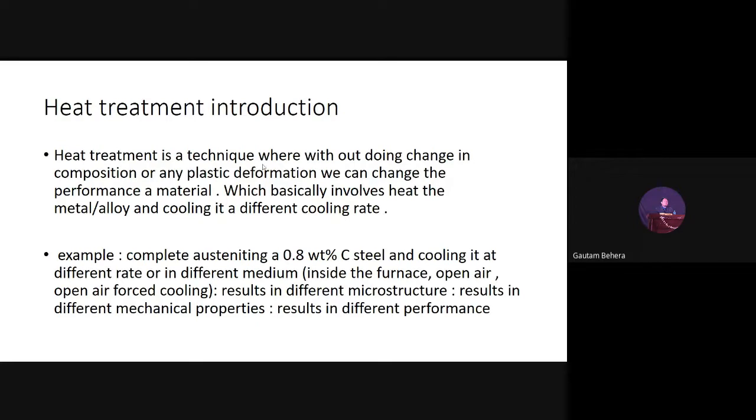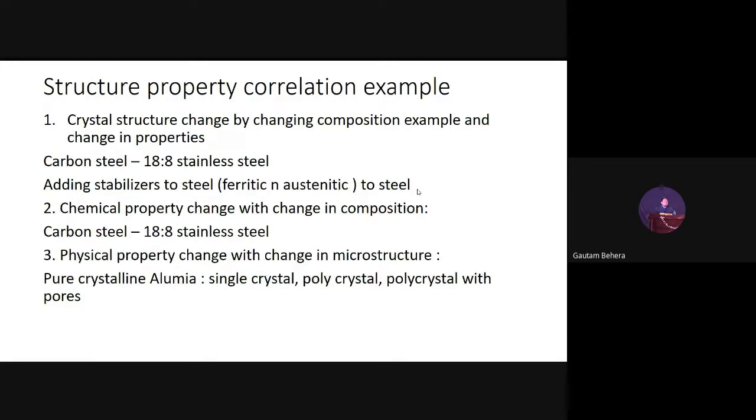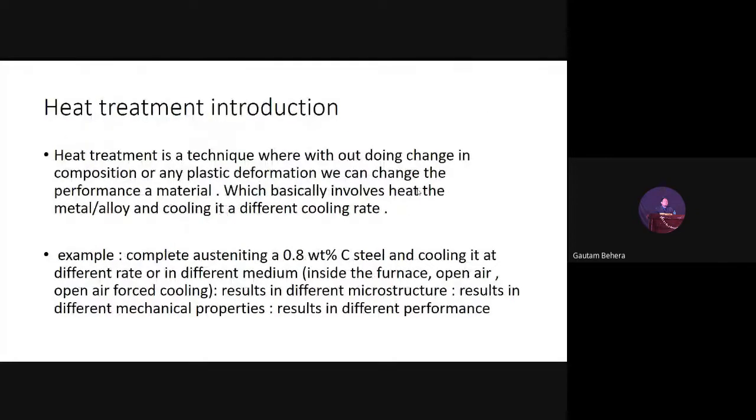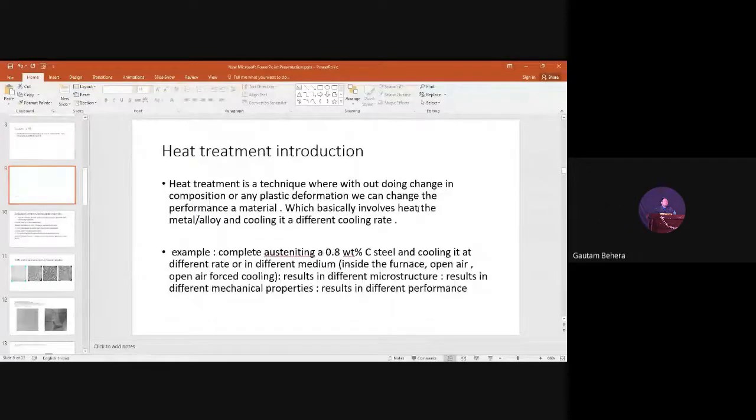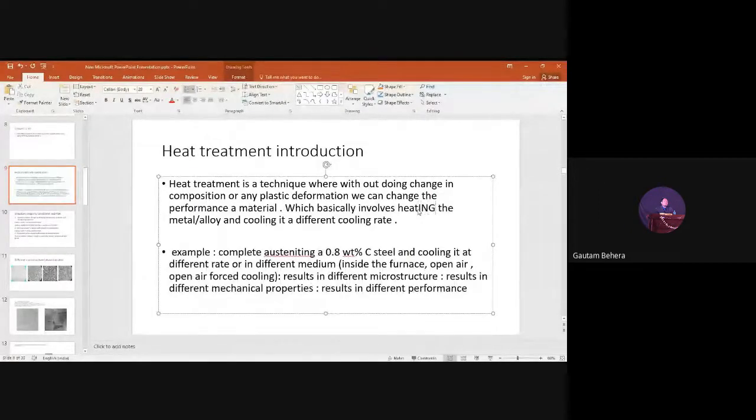Heat treatment is a technique where, without changing the composition or doing any plastic deformation, we can change the performance of a material, which basically involves heating the metal and alloys and cooling them at different cooling rates.